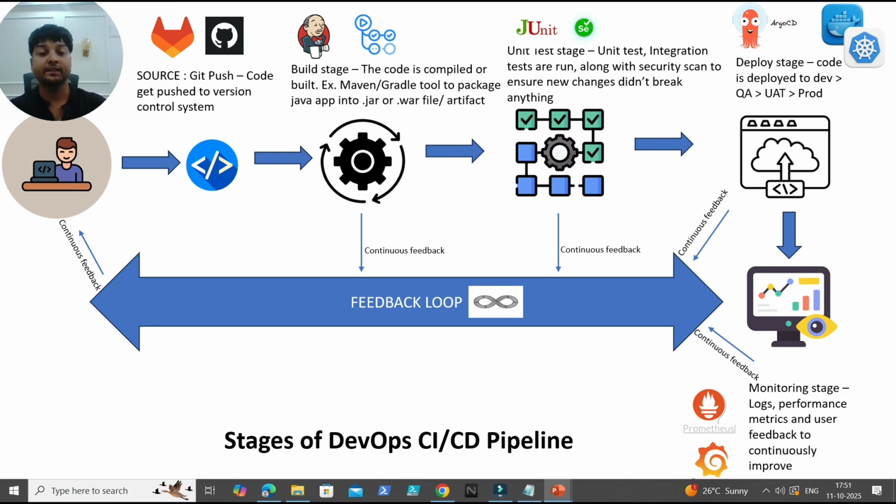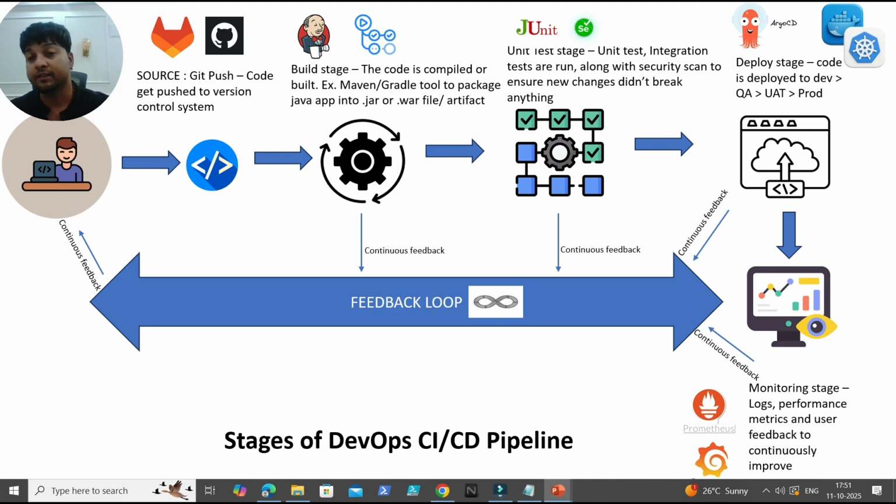The build stage can be done using tools like Bamboo, Jenkins, or GitHub Actions. During the build stage, the code is compiled or built. For example, if it is a Java application, Maven or Gradle tools might be used to package it into a deployable artifact like a .jar or .war file. Once this artifact is generated, the test stage comes in.